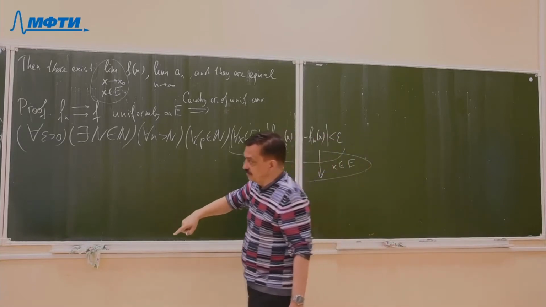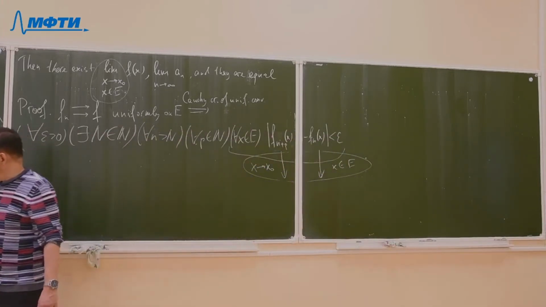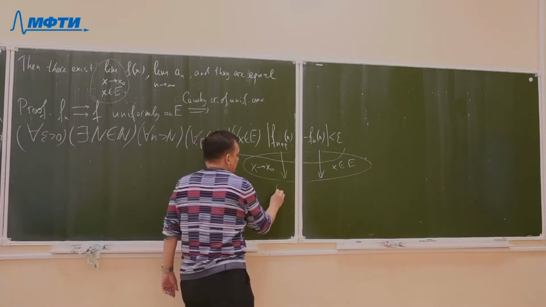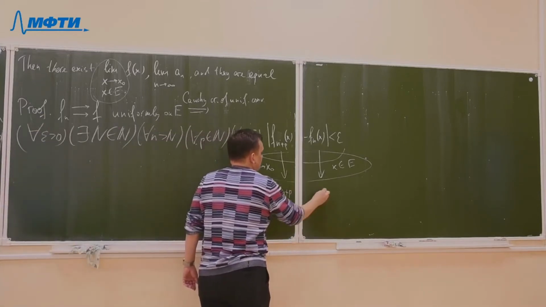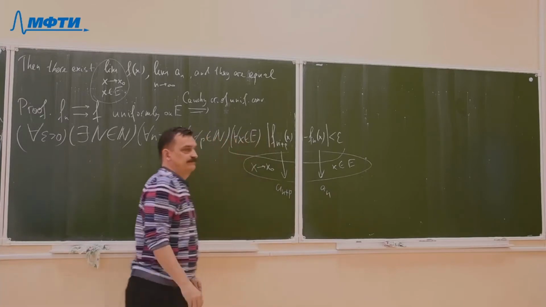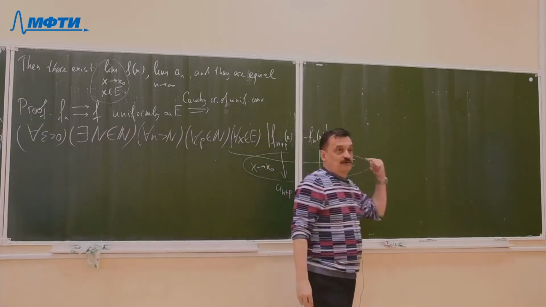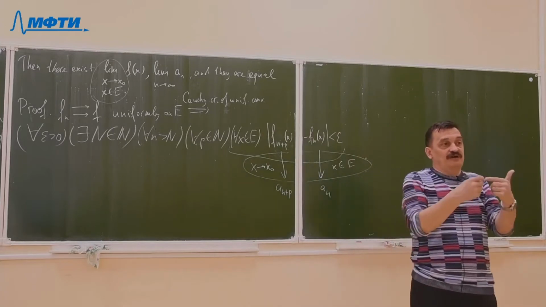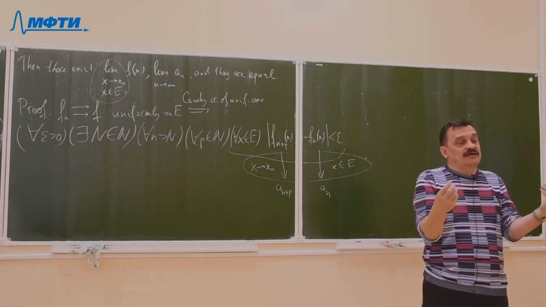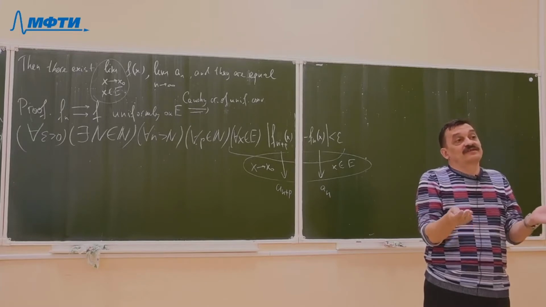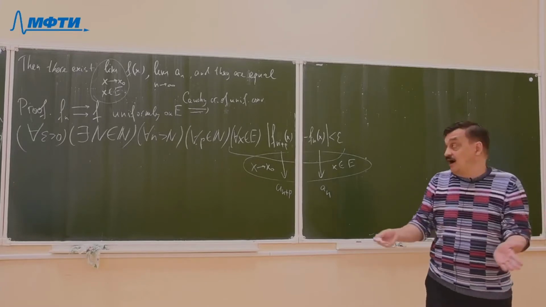Which is denoted by a_n. So here I have a_{n+p}, there a_n. And we know the properties of inequalities: if we have an inequality, then we can take a limit and we preserve the sign of inequality up to equality.